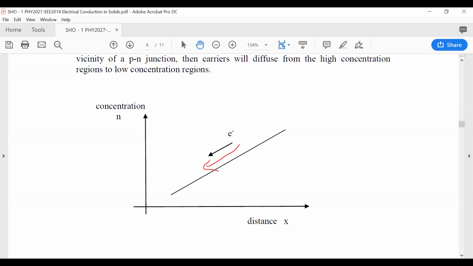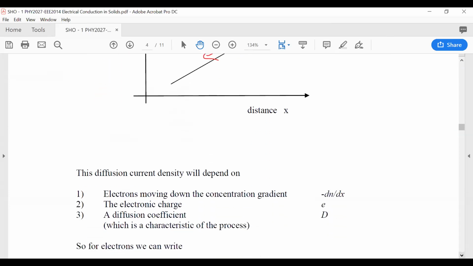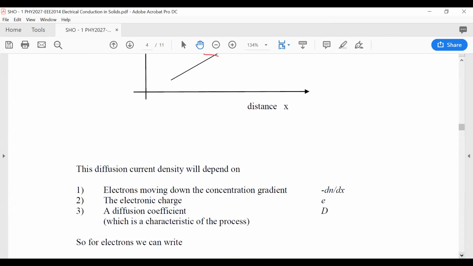So we have to look at what it depends on, and we will see that the diffusion current is going to depend on electrons moving down the concentration gradient, the electronic charge, which is e, and a diffusion coefficient, which we call D. This diffusion coefficient is characteristic of the diffusion process for a particular material.